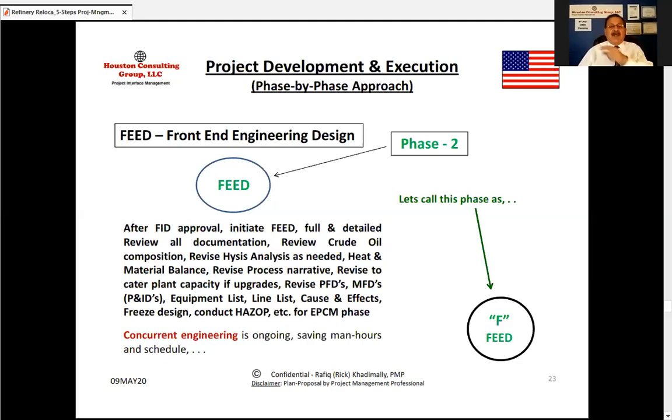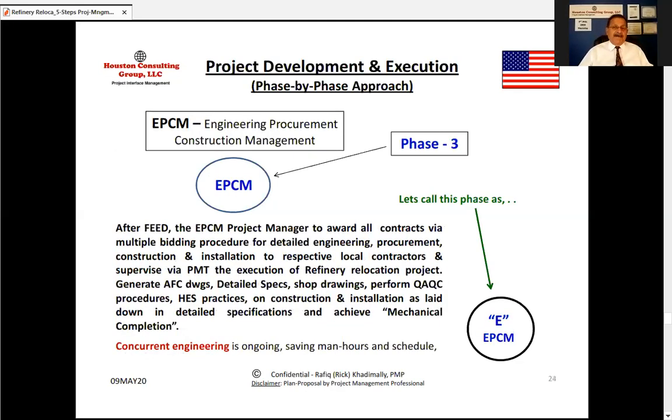And let's call this phase as F. Now we are talking about EPCM, Engineering, Procurement, and Construction Management.